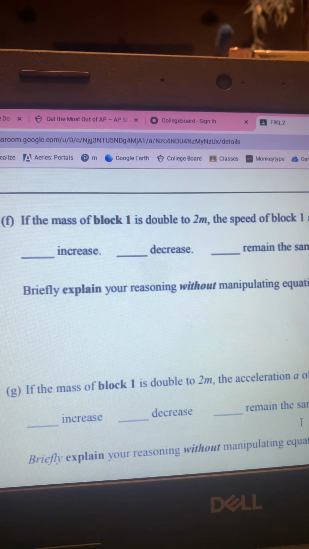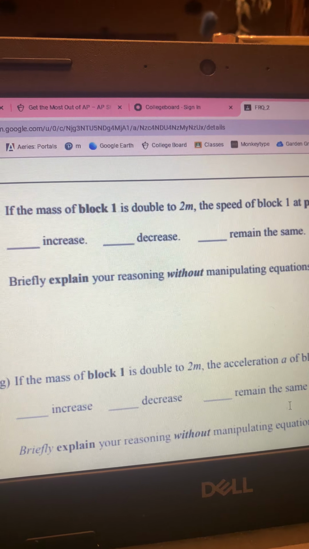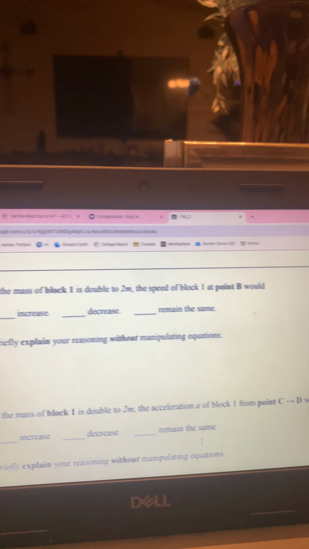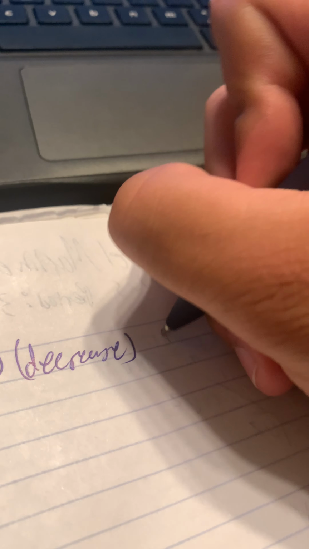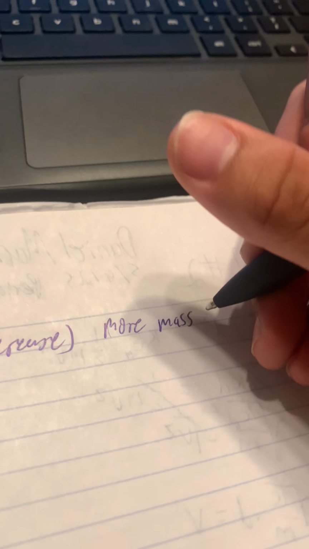We can now move on to part F. It asks if the mass of block 1 is doubled to 2m, the speed of block 1 at point B would: increase, decrease, or remain the same. The answer is that it would decrease. This is simply because more mass means more inertia, which means it would take more force to move.